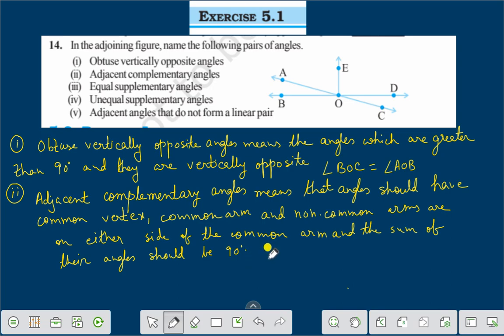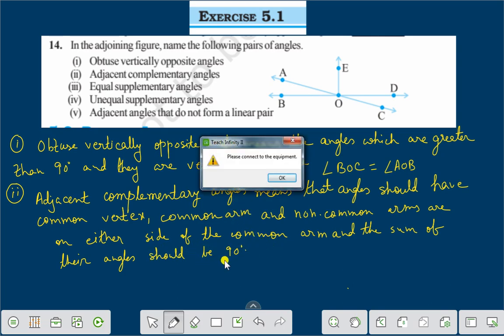Here we will satisfy all the conditions. First we will find that the sum of the angles should be 90 degree.